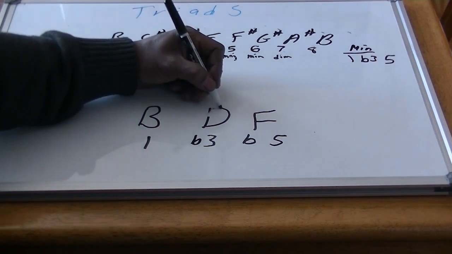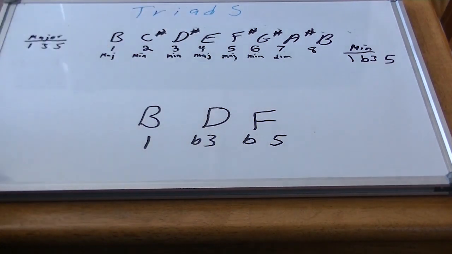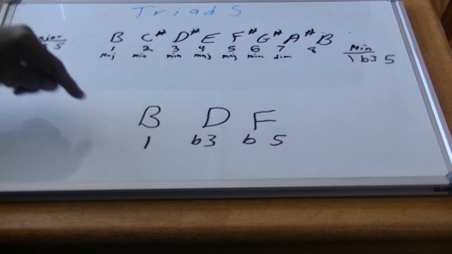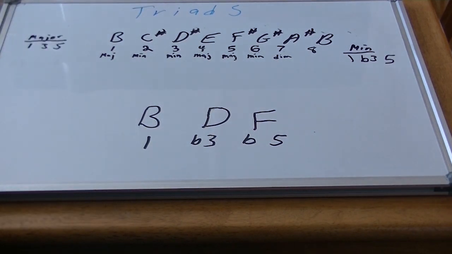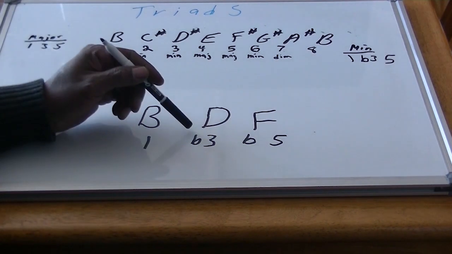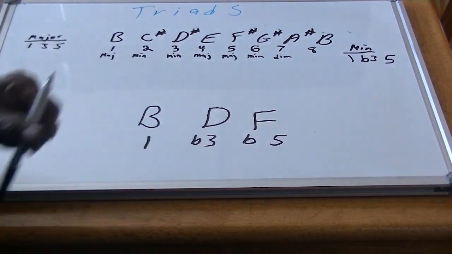So when we look at this triad, one thing that becomes immediately apparent to me is the only note of the triad that's in the root note's major scale is the root note. The third has been altered and the fifth has been altered.